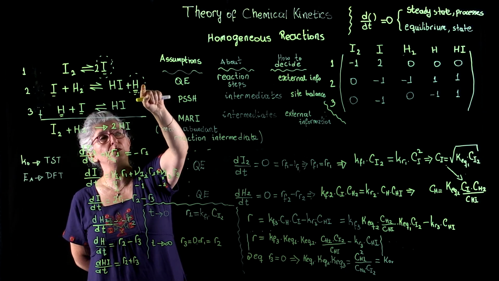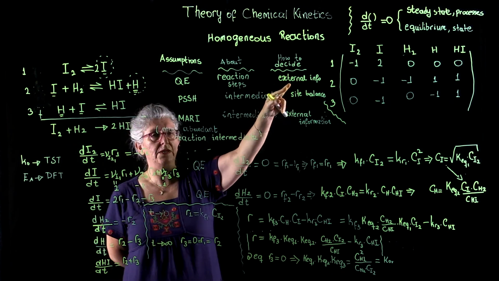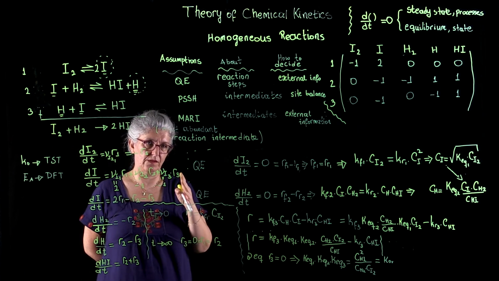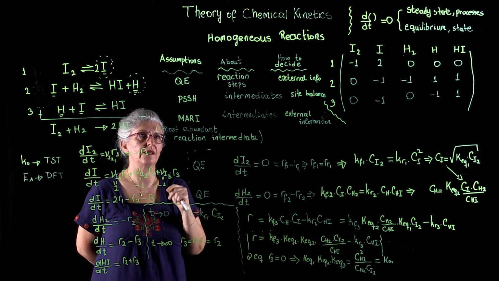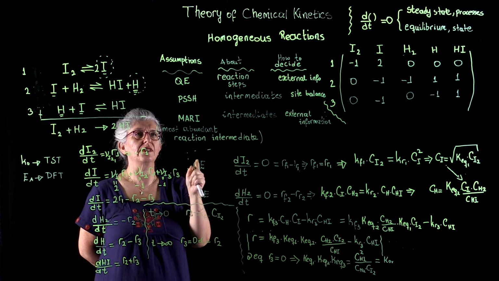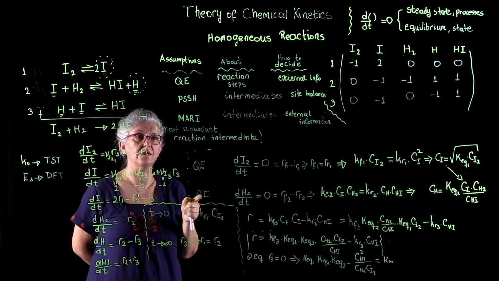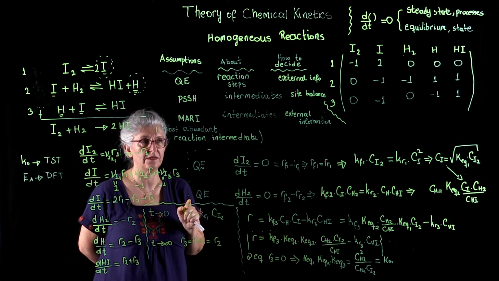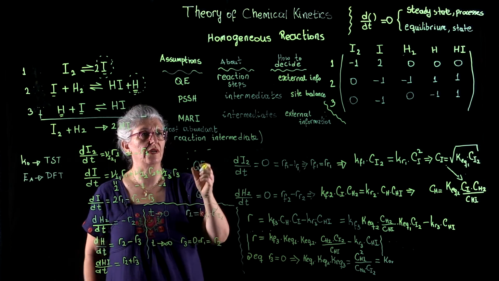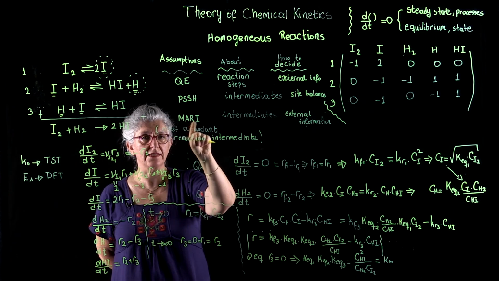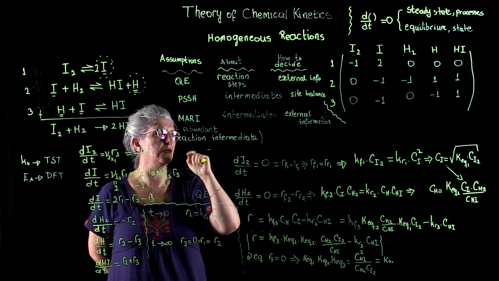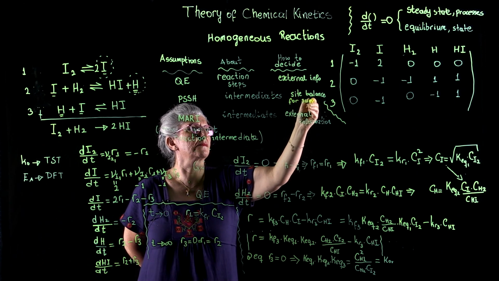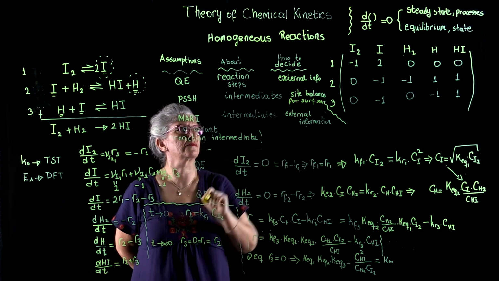If we say this step is at equilibrium, for example, we need external justification eventually to firmly state that this step is at quasi-equilibrium. Pseudo-steady state hypothesis is about intermediates, and most abundant reaction intermediate is also about intermediates, and it is a frequently used assumption for surface reactions. Okay.